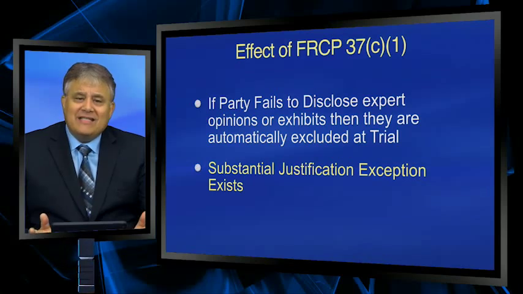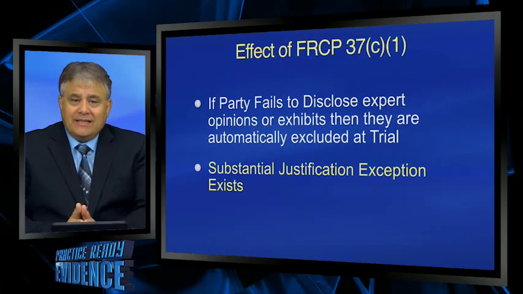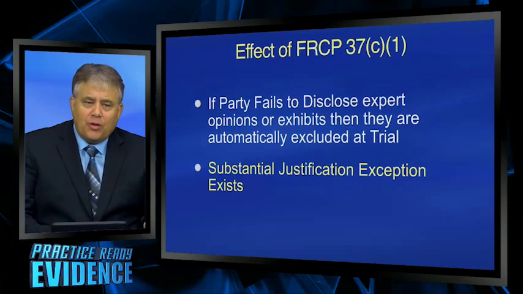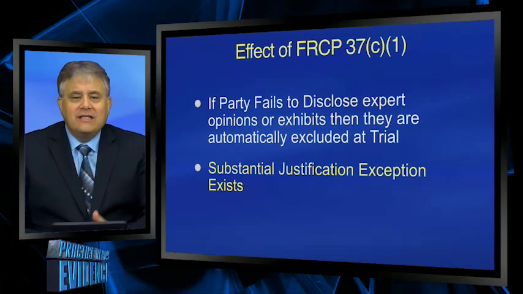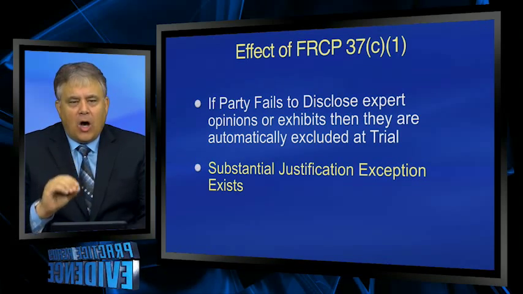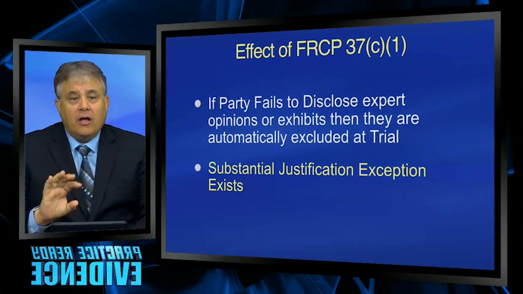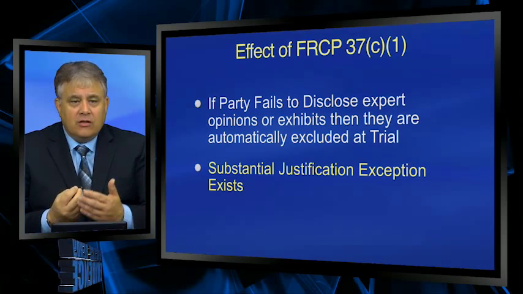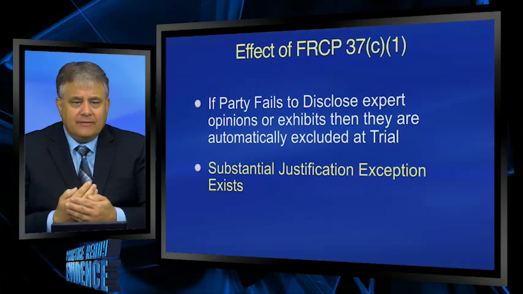Now, 37(c)(1) tells me that if a party fails to disclose an expert opinion or an exhibit, that opinion and that exhibit is automatically excluded at trial unless a substantial justification to except that rule exists.